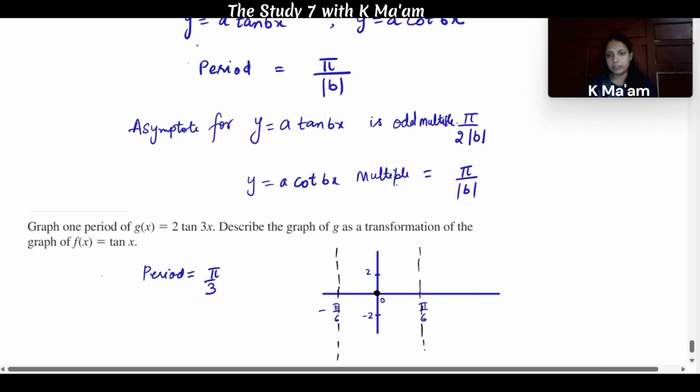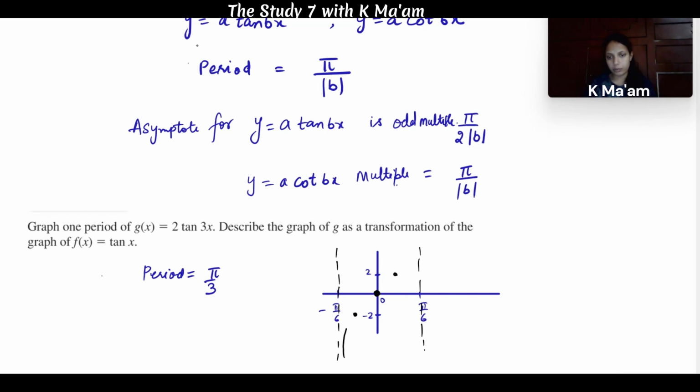At 0 it's 0, at pi by 12 it's 2, at negative pi by 12 it's negative 2. Connect and form a curve. This is the graph. The transformation is a vertical stretch by factor 2 and a horizontal shrink by factor 1 by 3. Done.